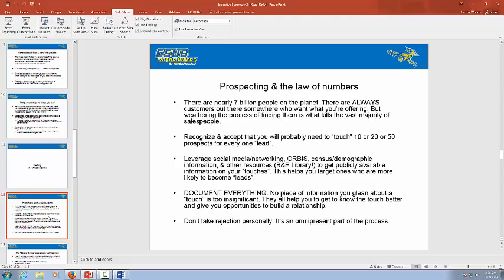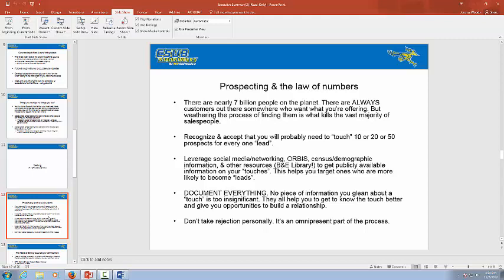You need to recognize and accept that you'll probably need to touch or contact in some way 10 or 20 or 50 prospects for every lead that you generate. The sobering reality of getting your business up and running is that you're going to have to talk to a hell of a lot of people in order to find customers.